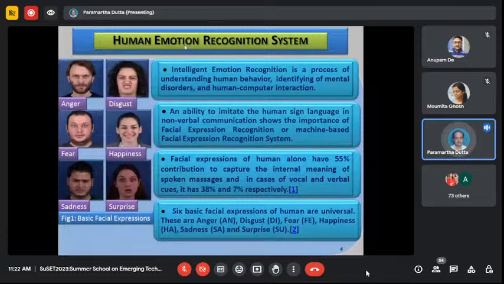Now, intelligent emotion recognition is the process of understanding human behavior, which comes under the purview of the present challenge, identifying mental disorders, whatever it may be, and human-computer interaction. Honestly speaking, they may sound quite interesting, but in terms of research they are quite prominent challenges.